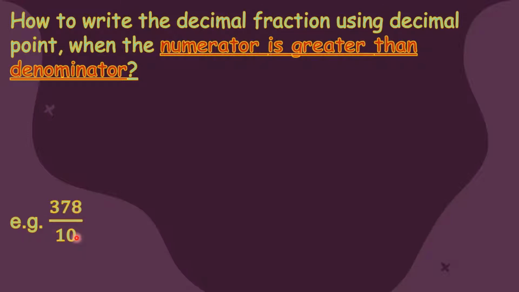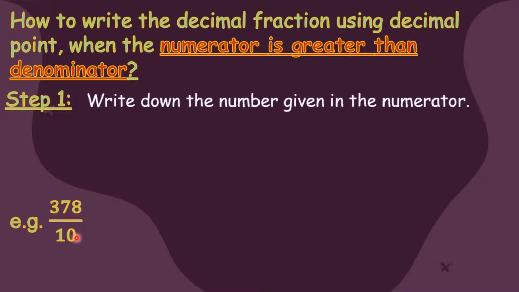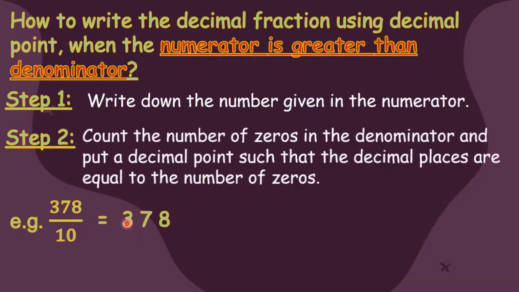So let us go for step 1. Step 1 is to write down the number given in the numerator. As the number in the numerator is 378, we write that number as it is. Now step 2 is to count the number of zeros in the denominator and put a decimal point such that the decimal places are equal to the number of zeros.